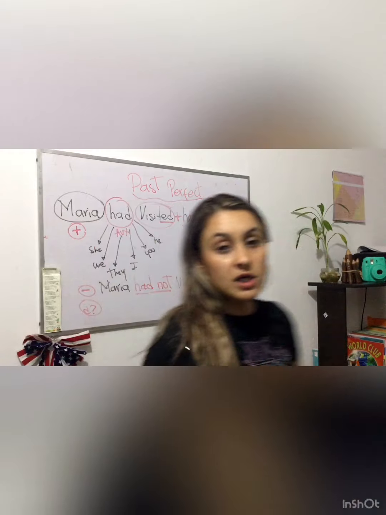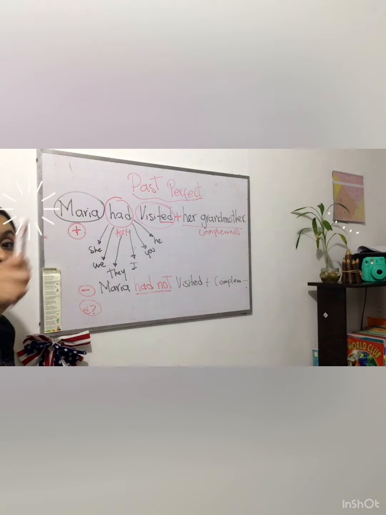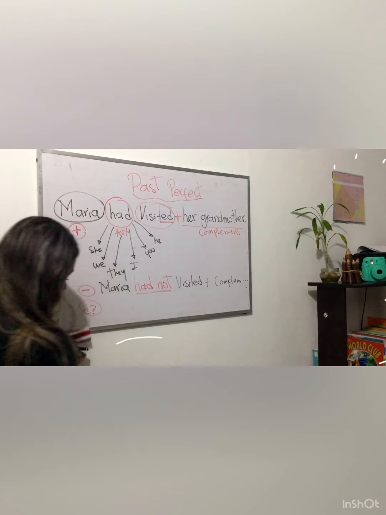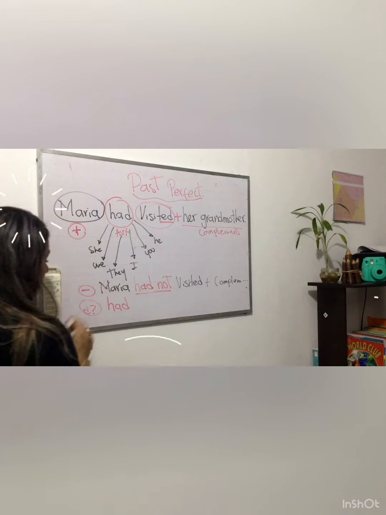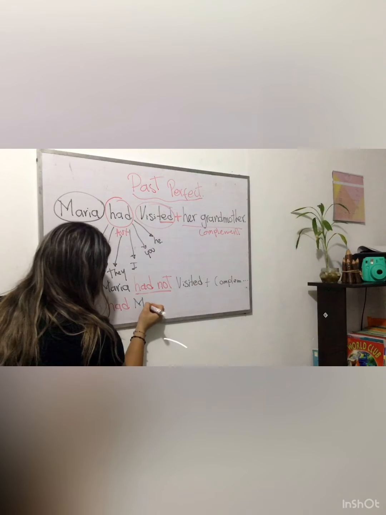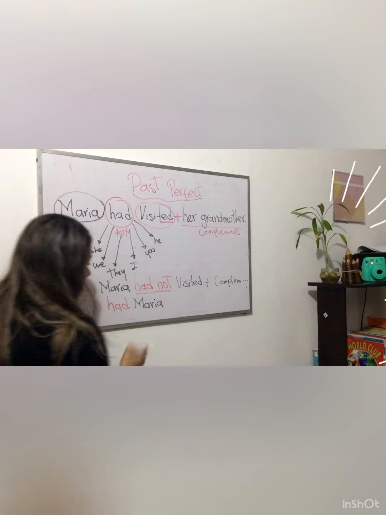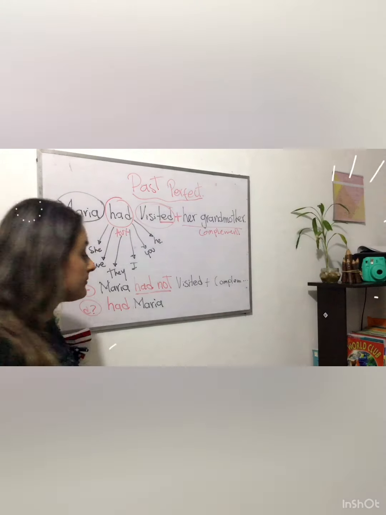And then we go with the questions. So, for questions, guys, you need to write auxiliary first. So first, the auxiliary had who? ¿Quién? María. So, had María visited her grandmother?